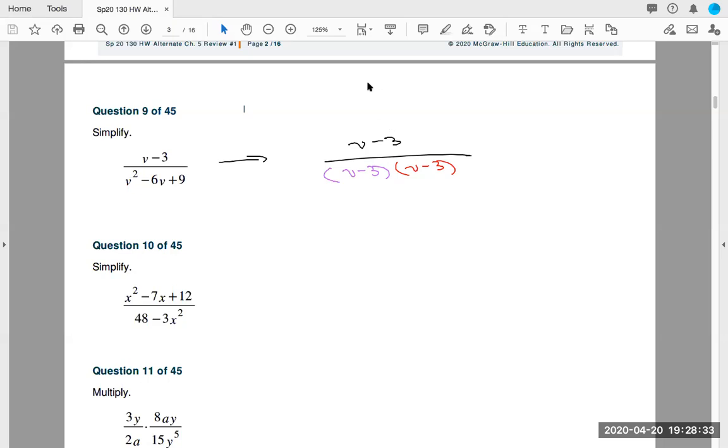So if you cancel v minus 3 from top to bottom, just be careful. This is still a factor. It's together. So cancel one of the v minus 3's from the top with one of them from the bottom. Now, what happens when you don't have anything left over on the top? If you cancel it all out, you need to put a 1.